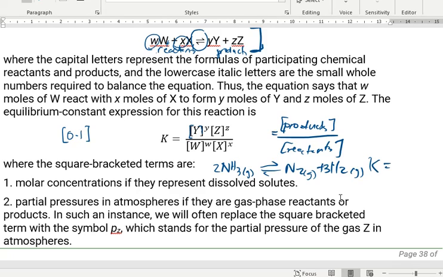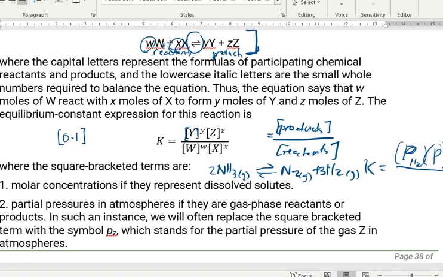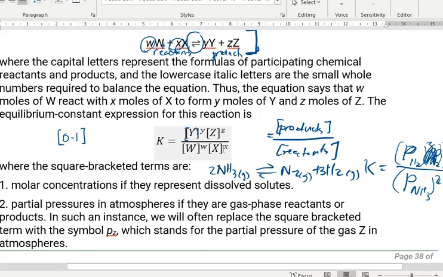So that would be the pressure of H2, the pressure of N2, and then the pressure of NH3 squared and cubed. Okay? So I hope that's clear.